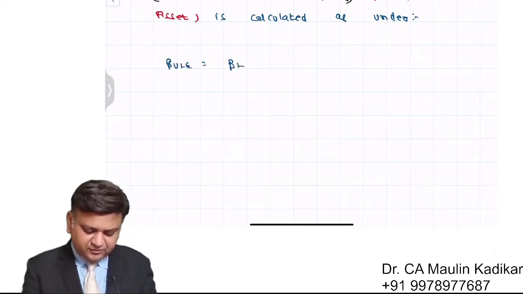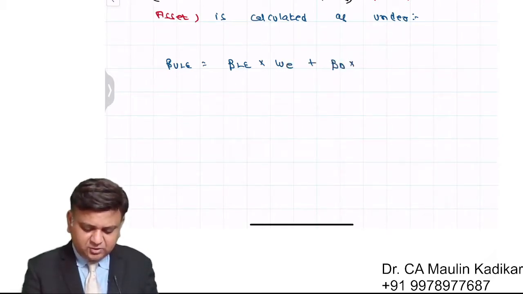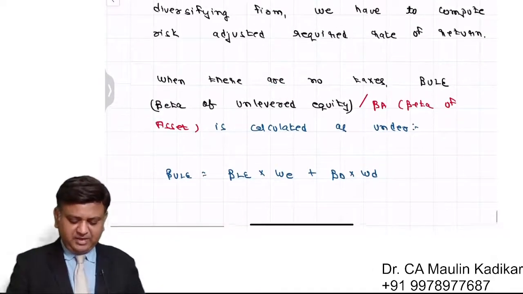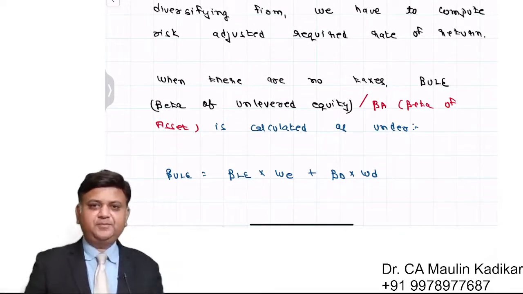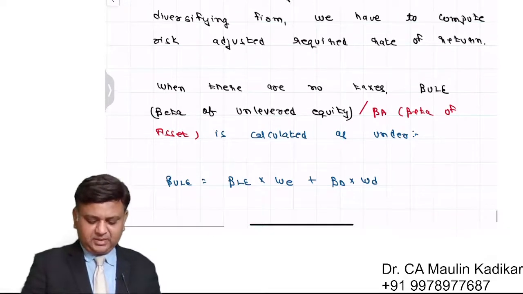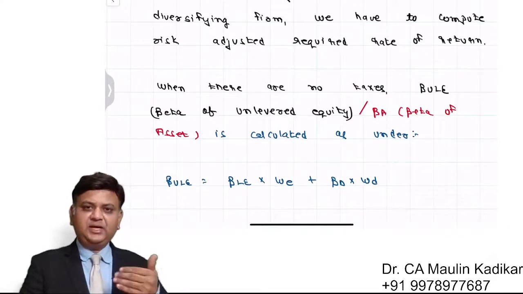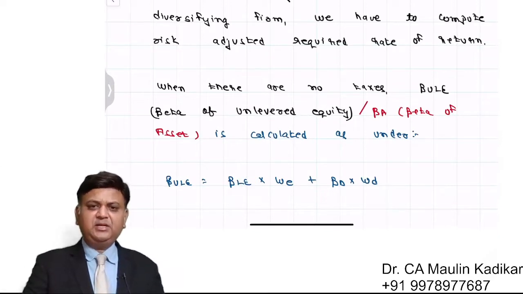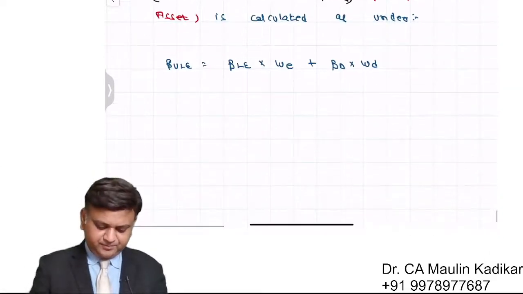It is beta of levered equity into weight of equity plus beta of debt into weight of debt, यानी सिंपल वेटेड एवरेज. जैसे हम बीटा ऑफ द पोर्टफोलियो करते हैं, वैसे. That is, इक्विटी का बीटा multiplied with its weight और डेट का बीटा multiplied with its weight.